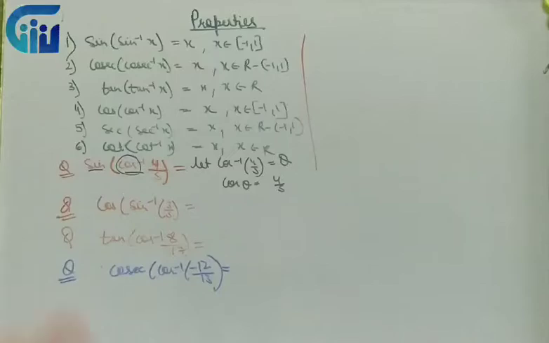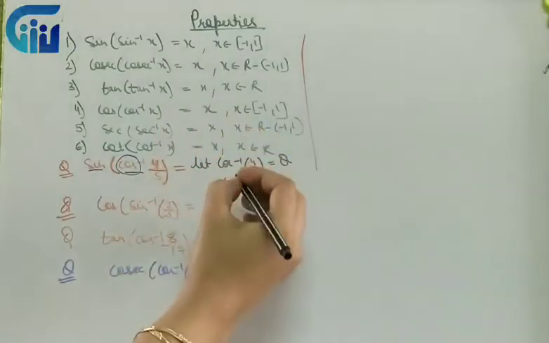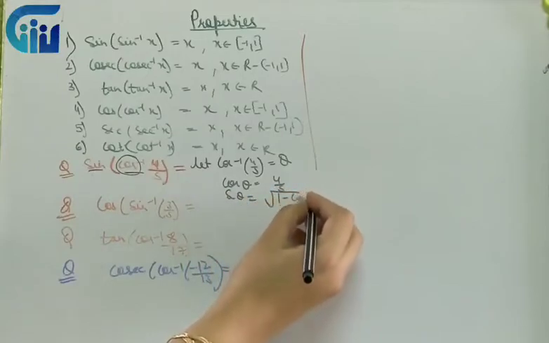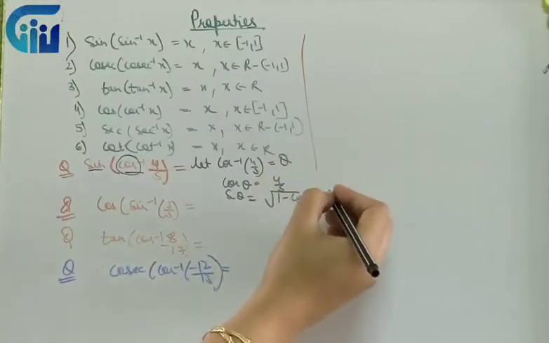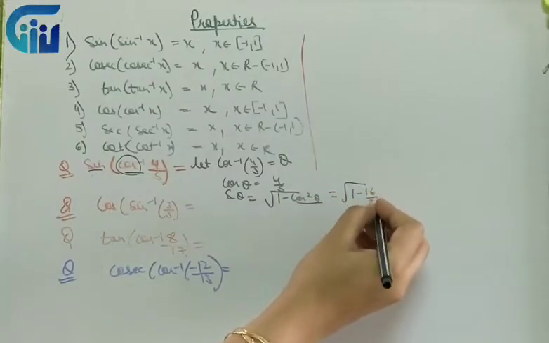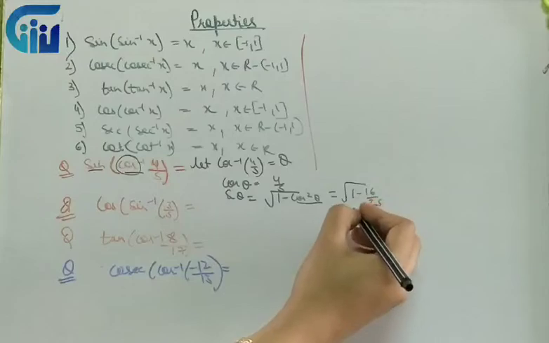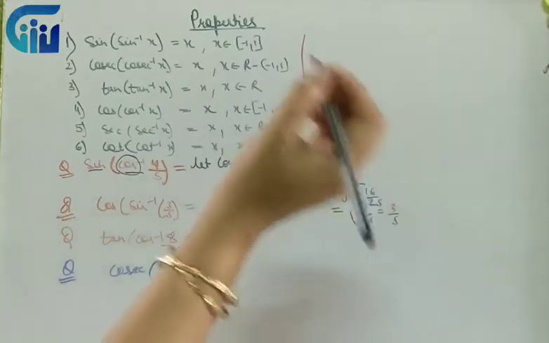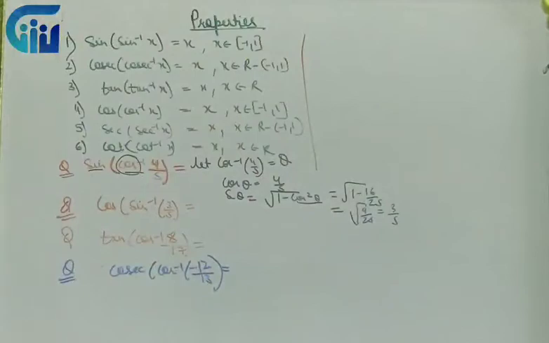So from cos, how can I get sine? I know the identity for sine is under root 1 minus cos square theta. So we will write it that way. So it will be under root 1 minus 16 by 25. So I'll get 25 minus 16, that is under root of 9 by 25, which is 3 by 5. So I know my sine theta is 3 by 5.